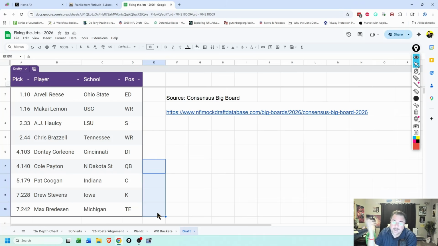And so we're using the later rounds as a way to get jobs done on the roster. Instead of banking on some guy with a high RAS score or something, let's get people who have a purpose here. A blocking tight end, a kicker, a backup offensive lineman, a developmental quarterback. Don Corleone, I think, in New Jersey. I think it makes a lot of sense. We still need another interior defensive lineman, but still we need at least one in this draft.